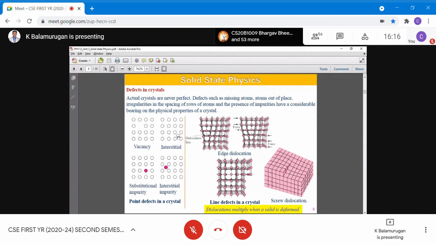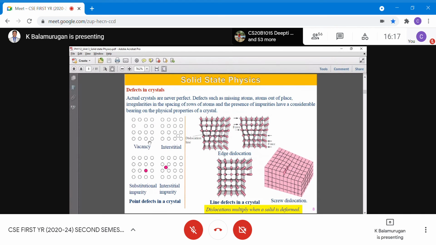Now these point defects can be substitutional also. For example, at the bottom left, you have a periodic arrangement of atoms with all the atoms present, no problem. In the previous case we were missing one atom, and in the next case we saw an additional atom between 4 atoms where there should not be any atom.